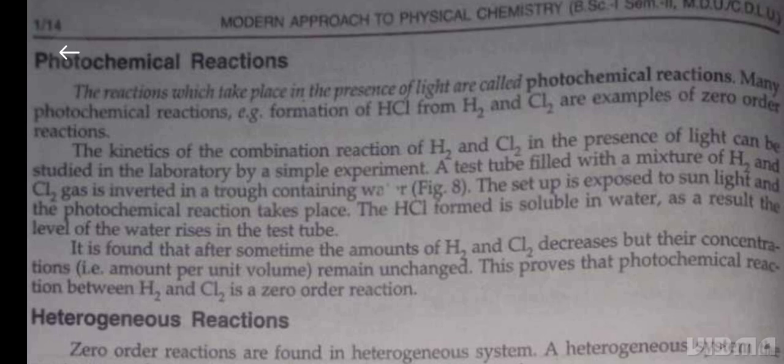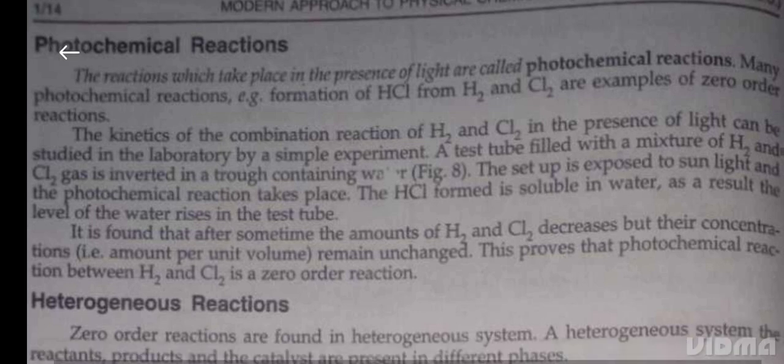The setup is exposed to sunlight and the photochemical reaction takes place. The HCl formed is soluble in water. As a result, the level of the water rises in the test tube. It is found that after some time the amounts of H2 and Cl2 decrease but their concentrations remain unchanged. This proves that the photochemical reaction between H2 and Cl2 is a zero order reaction.